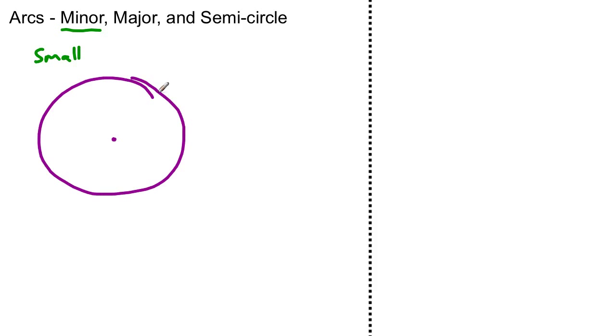An example of this is maybe you would have this point A and this point B. The arc would be this distance on the edge of the circle. We would refer to this as arc AB, and we write it with a curved line at the top. Cool. That's a minor arc.